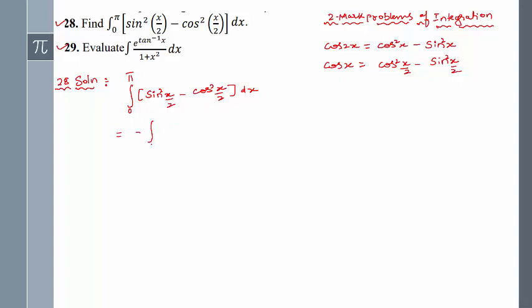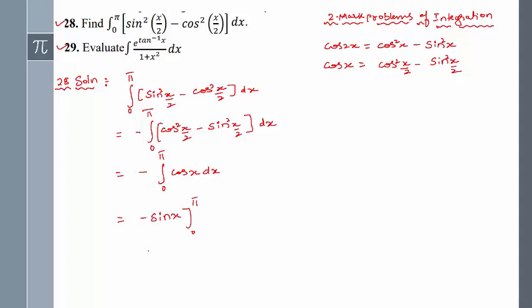It will be minus of the integral from 0 to pi of cos square x by 2 minus sin square x by 2 with respect to x. Using this formula, that will be cos x. Now integration of cos x is very simple, known to everyone, that is sin x. Outside you have the minus sign, so that will be minus sin x from 0 to pi.